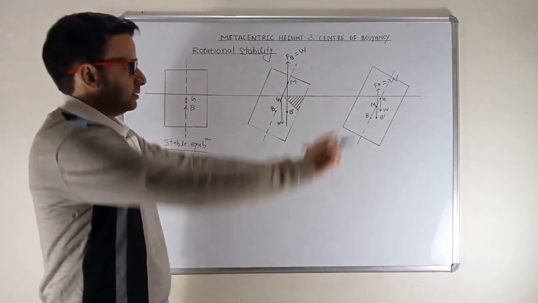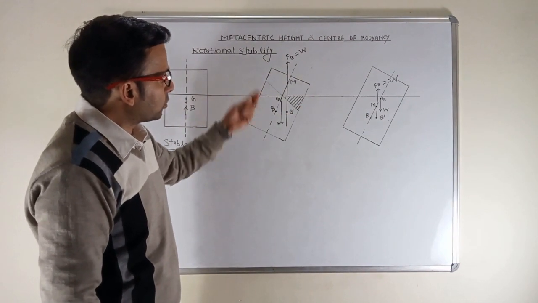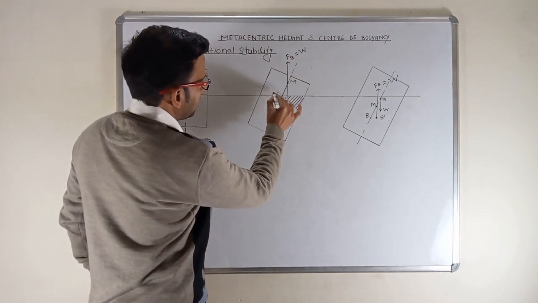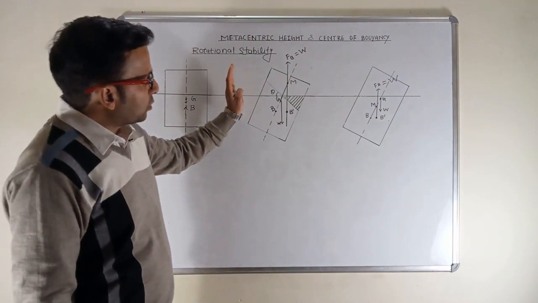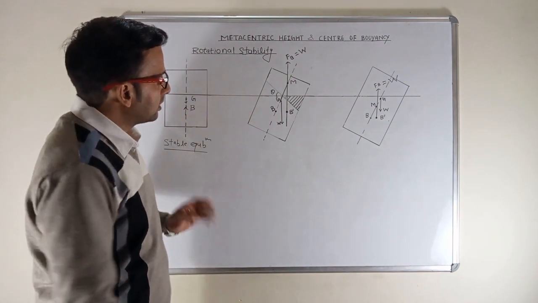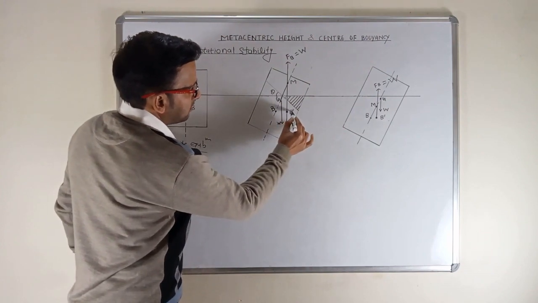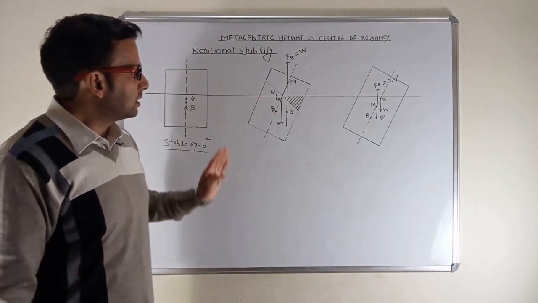In the second case, I just give a little rotational displacement. This rotational displacement may be angle theta. And when I give this rotational displacement to the body, the center of buoyancy B shifts towards B dash. Why did this happen?